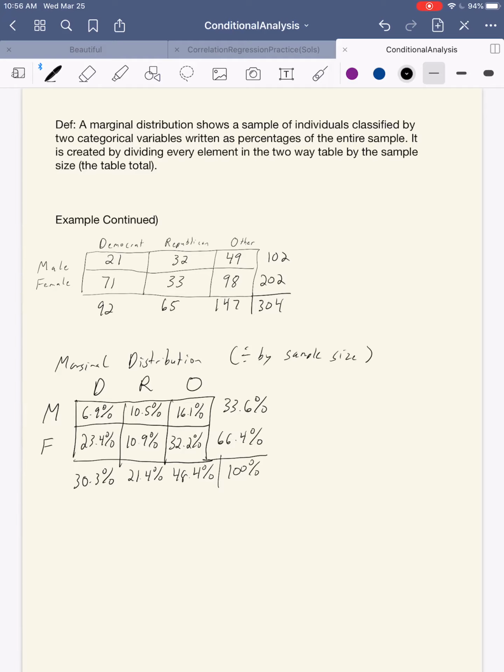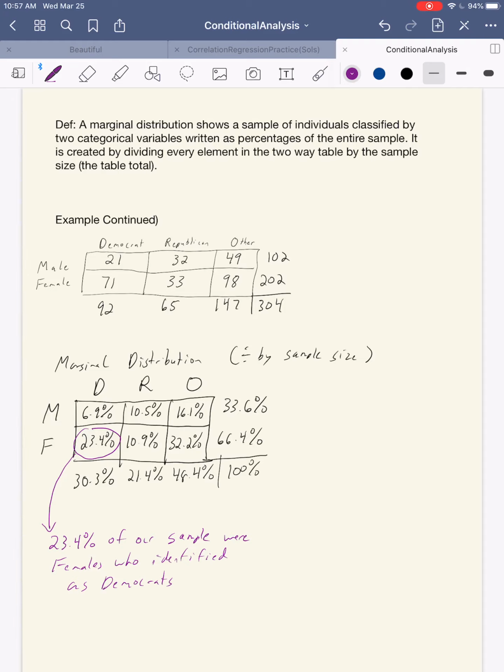So how would you interpret these different values? Well, we can pull some of these out. This right here, that 23.4, what that would mean is that 23.4% of our sample were females who identified as Democrats.